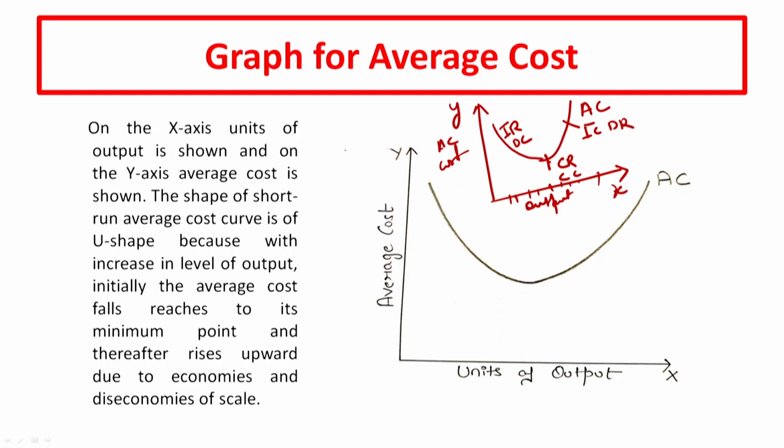Why? Because of economies of scale, it slopes downward. At this point, economies of scale become equal to the diseconomies, and thereafter it starts rising, because here the diseconomy is greater than the economies.